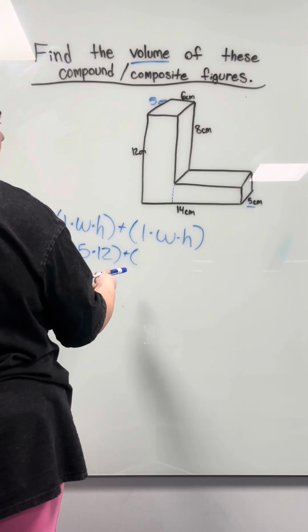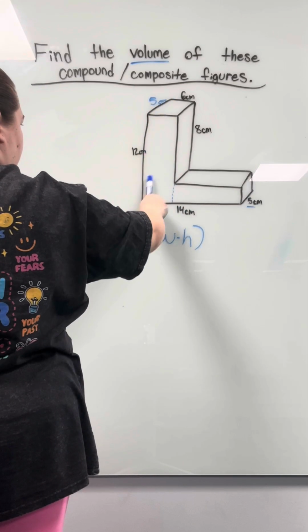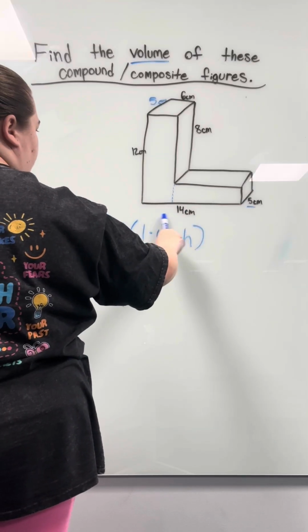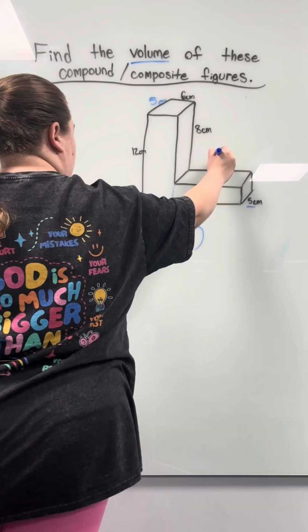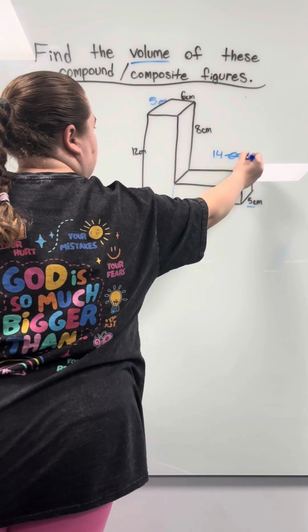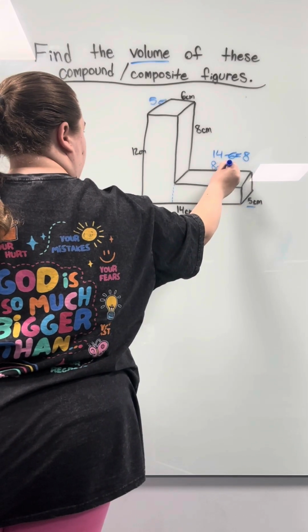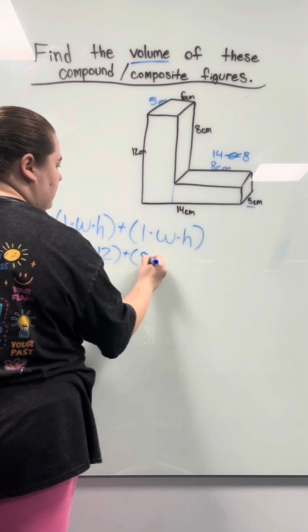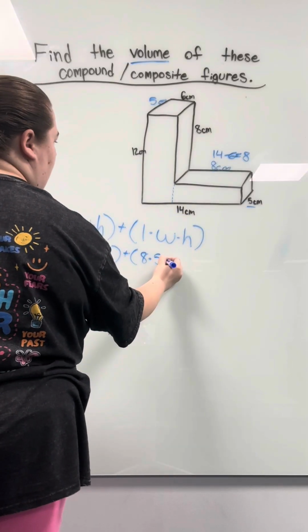And then our length of our figure over here, we know that this is 6 right here. And we know that this whole thing is 14. So to get this right here, we would need to do 14 minus 6, which is 8. So this should be 8 centimeters right here. So 8 times our width, which is 5, times our height.